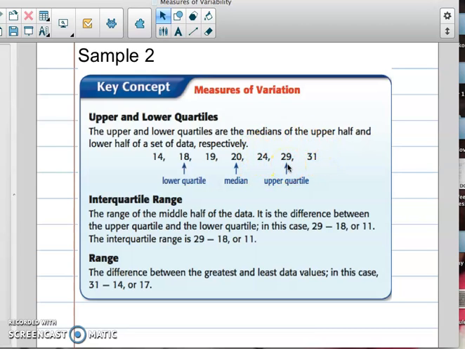I don't have to solve anything. And the median of the lower half is 18. It's exactly on the spot. The interquartile range then is 29 minus 18. That gives us 11. The regular range is 31 minus 14. That gives us 17.